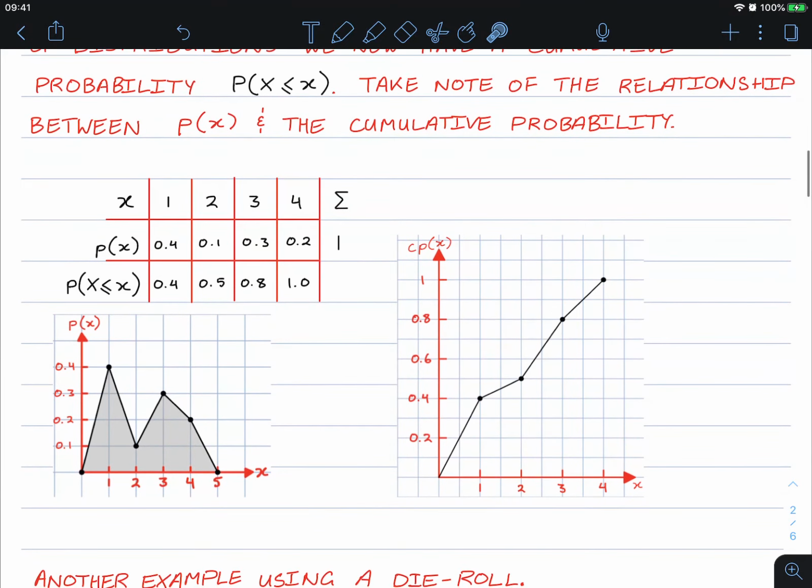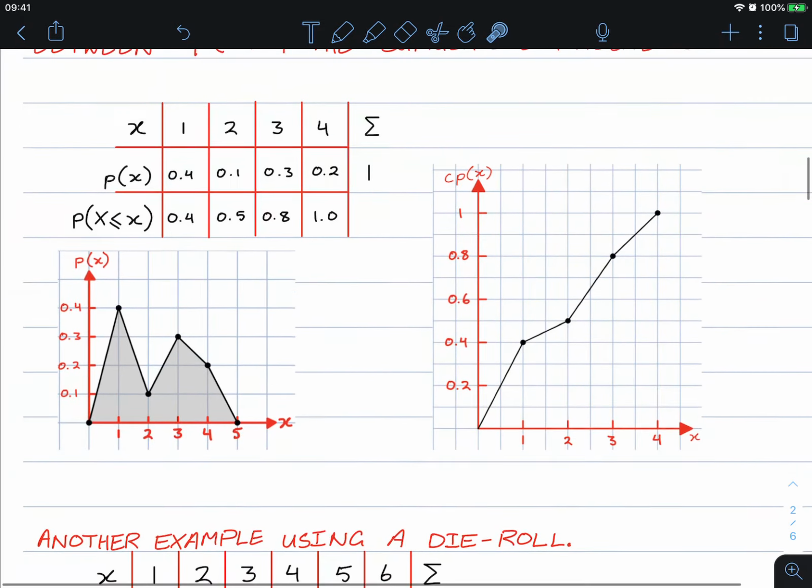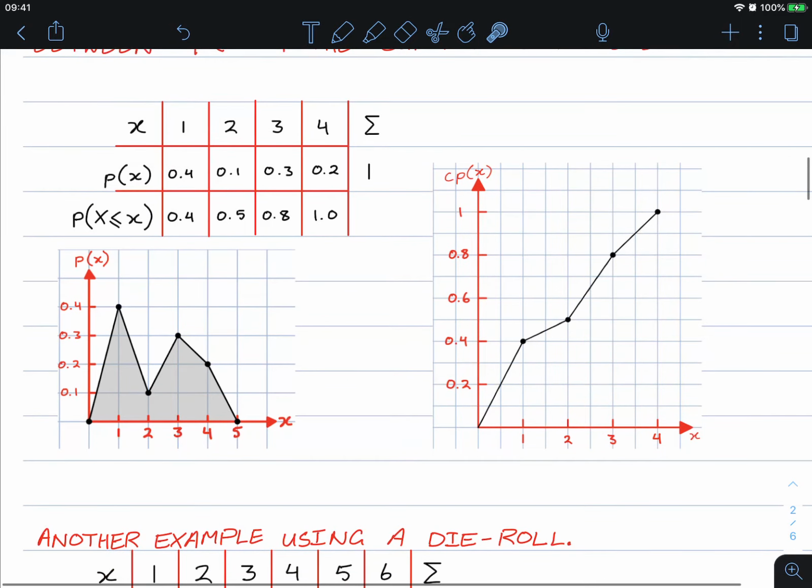I want you to take note of the relationship between the probability of x and the cumulative probability. So here we go. The probability of getting a 1 or less is 0.4, shown here. The probability of getting 2 or a 1 is going to be 0.5, shown here.